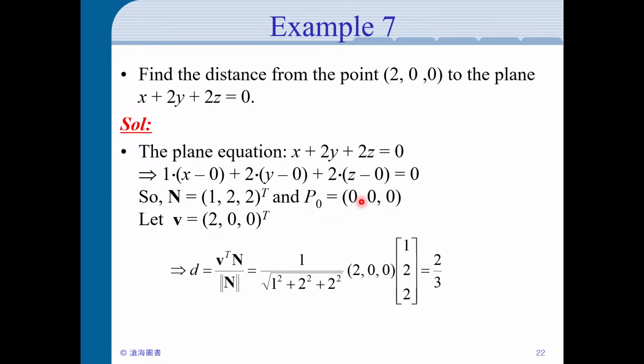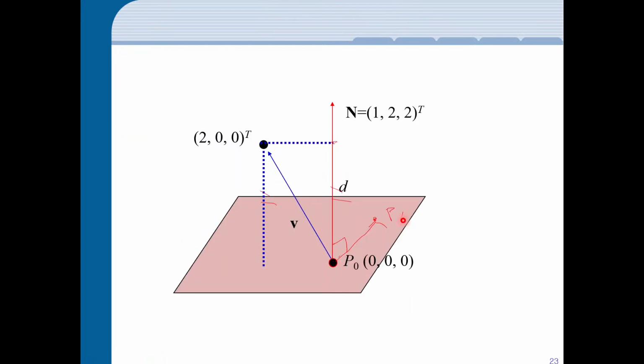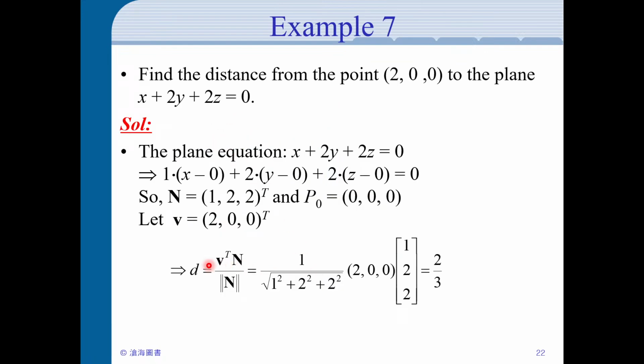The vector from p0 to the point is just the point, 2, 0, 0. The inner product between 2, 0, 0 and your normal vector 1, 2, 2 is 2, and then we divide by the norm of your normal vector, the square root of 1 squared plus 2 squared plus 2 squared, which is 3.